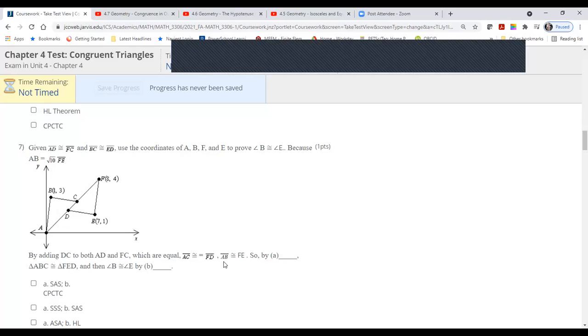And then how about, in this case we need to prove that this angle is the same, right? How can we conclude that AB is congruent with FE? Do you know what is the reason? So the reason will be what?